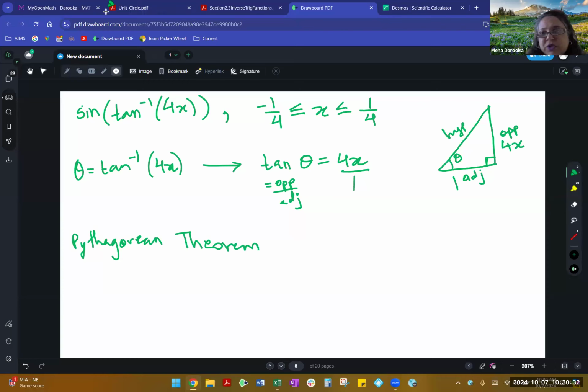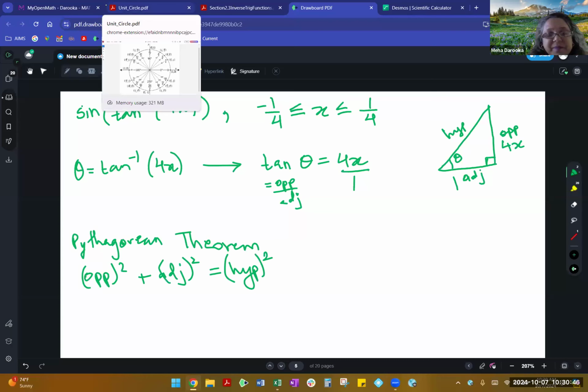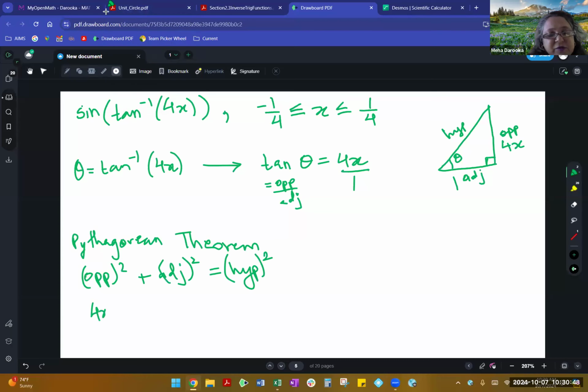which in this case would translate as the opposite side squared plus the adjacent side squared equals the hypotenuse squared. Or remember, it's a squared plus b squared equals c squared. So our opposite side is 4x. We're going to square that. The adjacent side is 1. Square that.